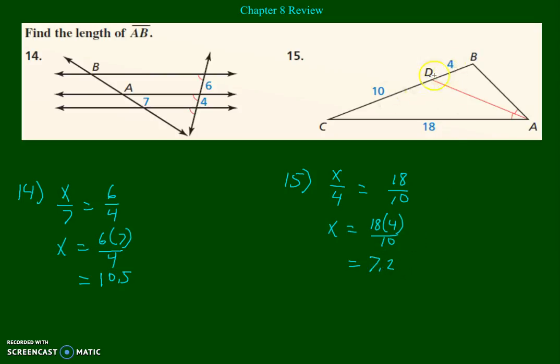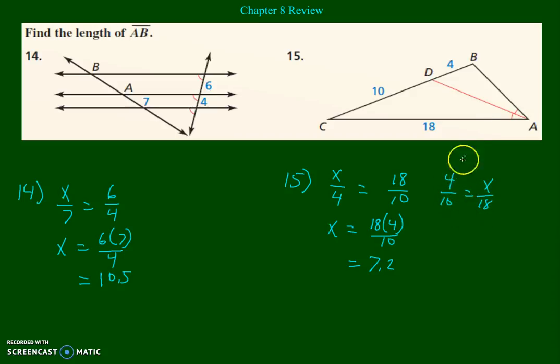Now I could have done that another way. I could have said 4 is to x as 10 is to 18, 4 is to 10 as x is to 18. It really doesn't matter. 4 is to 10 as x is to 18. And again, you have 18 times 4 divided by 10.